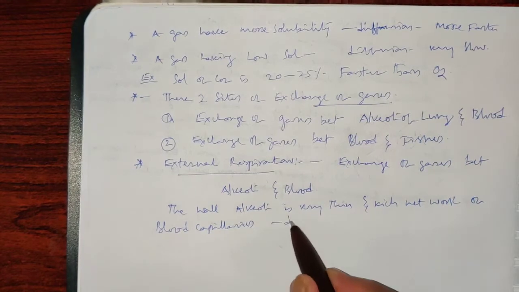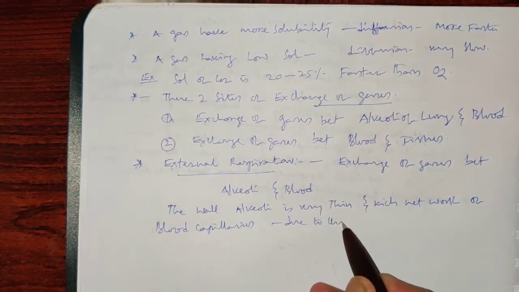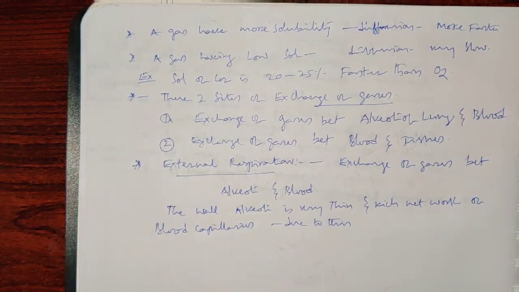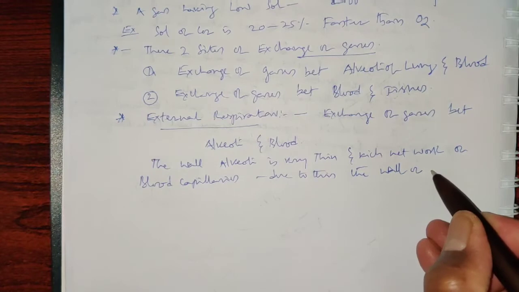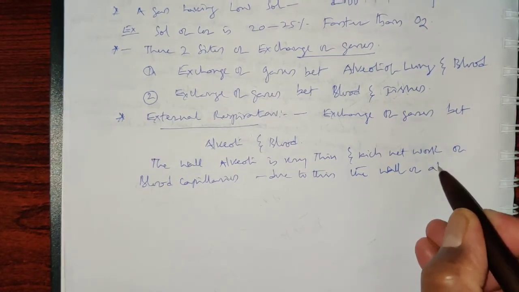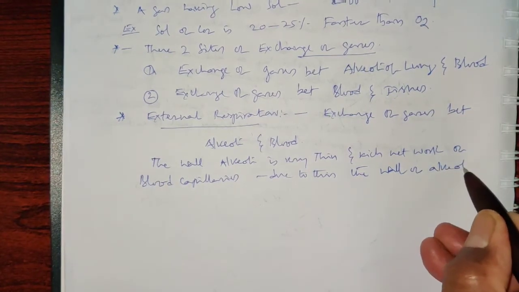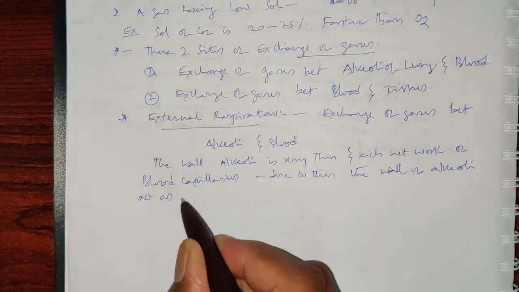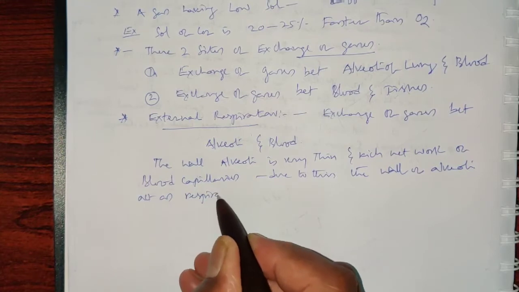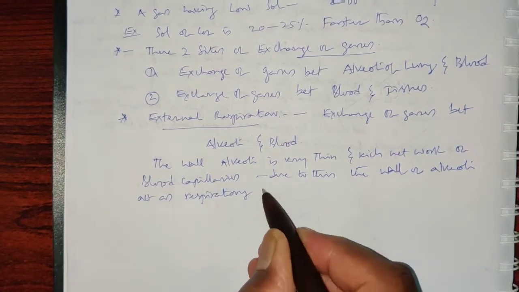Due to this, the wall of the alveoli acts as the respiratory membrane.